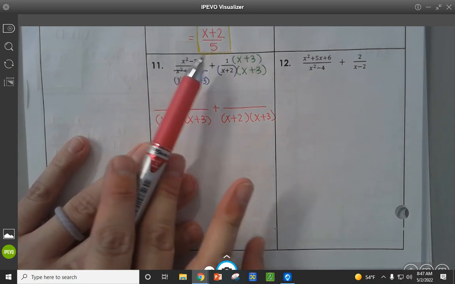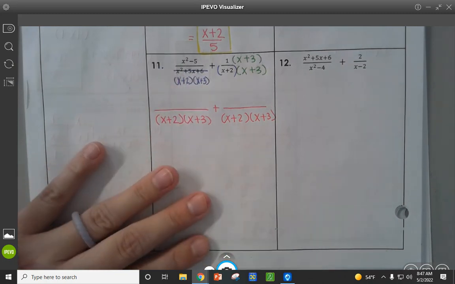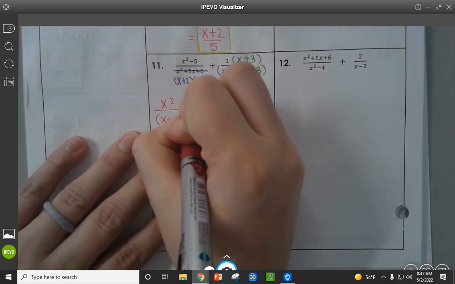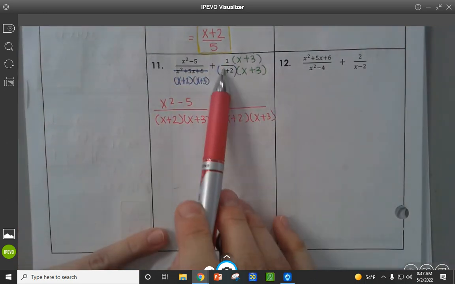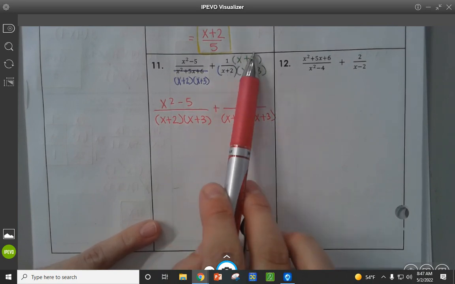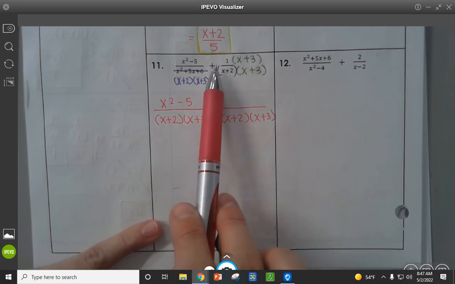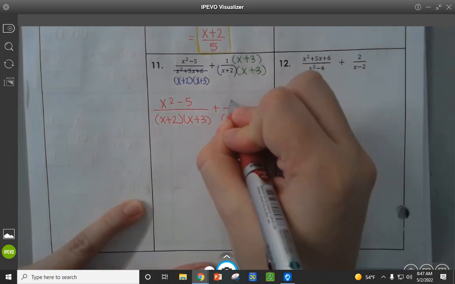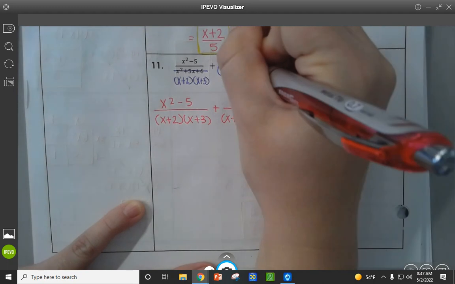So this x squared minus 5, we didn't change anything on that. This one, we have the 1, we're going to distribute the 1. So when I multiply both by 1, I just get x plus 3. So we're distributing.